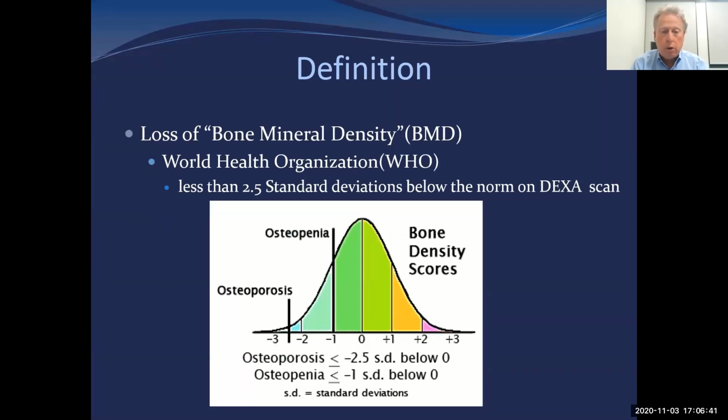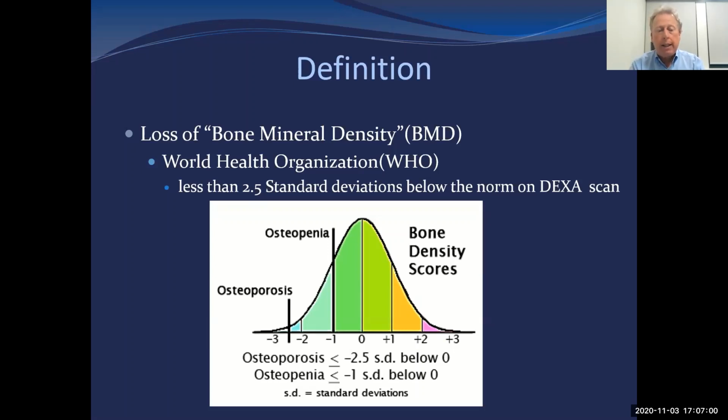What is osteoporosis? Well, there is a World Health Organization definition of osteoporosis, but osteoporosis is a loss of bone mineral density, or BMD. It's often reported as a graph.